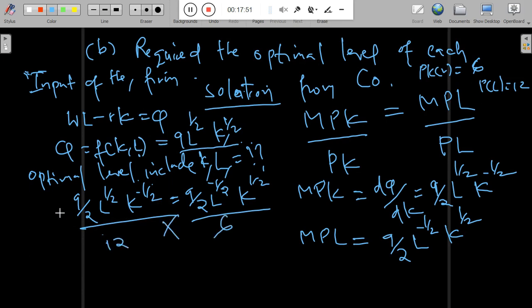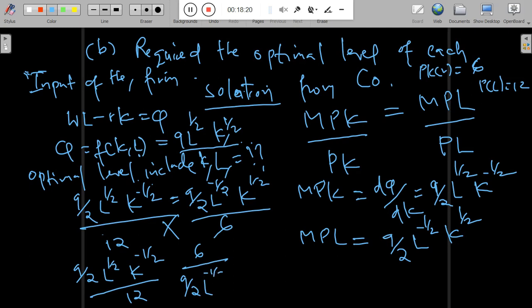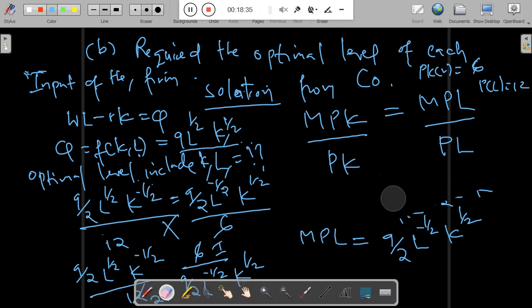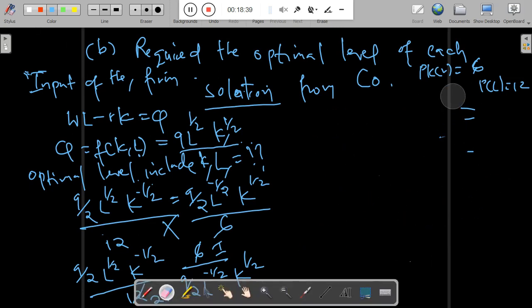So the marginal product of labor divided by its price 12 equals the marginal product of capital divided by its price, that is 6. Now let's cross multiply. You obtain 9 over 2 L raised to the power of a half, K raised to the power of a half, over, let us take the denominator and numerator upward. So when you divide 12 by 6, you get 2.